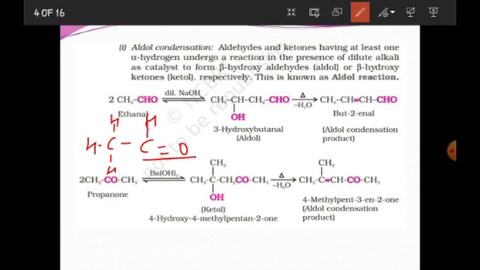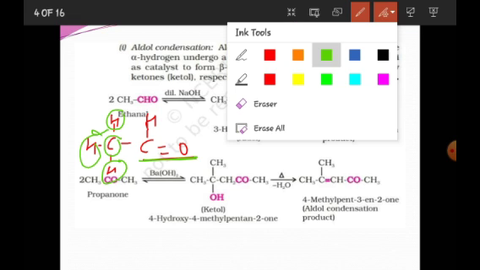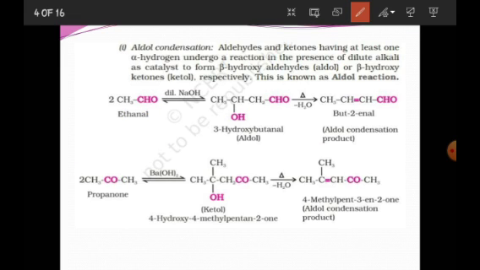Now this is the carbonyl group present, and as I told you, the carbon next to the carbonyl group is known as alpha carbon. Here, in fact, there are 3 alpha hydrogens present on it. So this is what is known as alpha hydrogen. Now if we talk about this reaction, we will take 2 ethanal, and in the presence of dilute NaOH they will give a hydroxy compound, in fact a beta hydroxy compound, which is known as aldol.